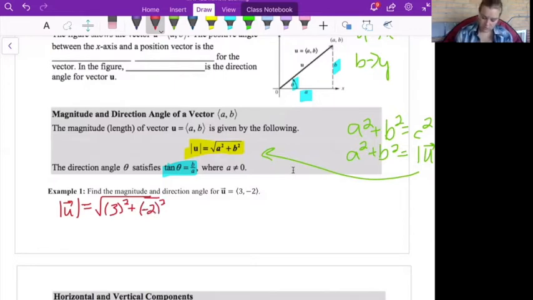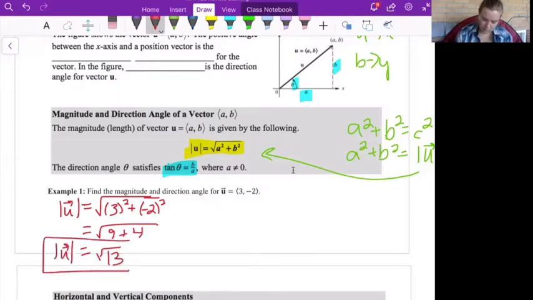So then this is going to be the square root of 9 plus 4. So that would be the square root of 13. So that's our magnitude. That's a terrible square root sign, so let me redo that.